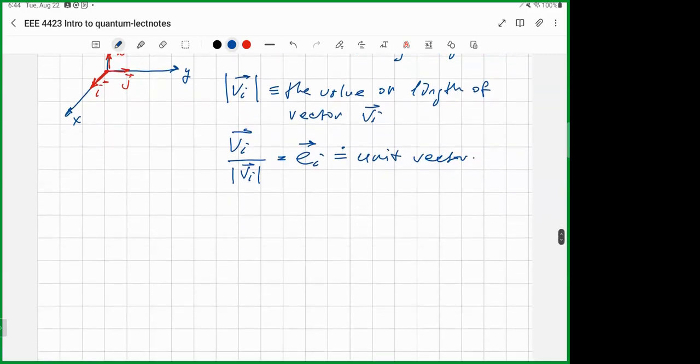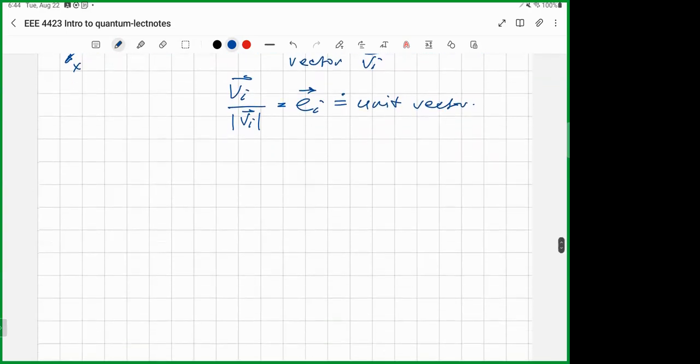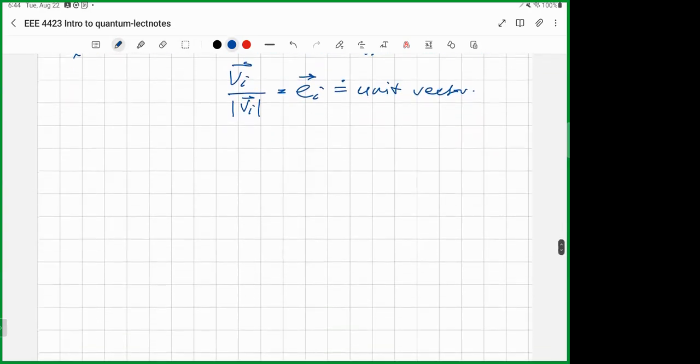So again, we need these unit vectors to define the linearly independent, or in other words, orthogonal directions in a linear vector space. I hope it's getting clear at this moment.